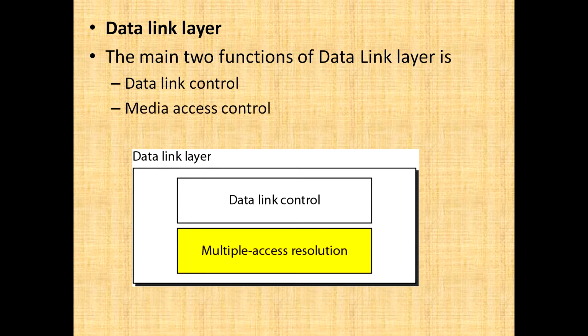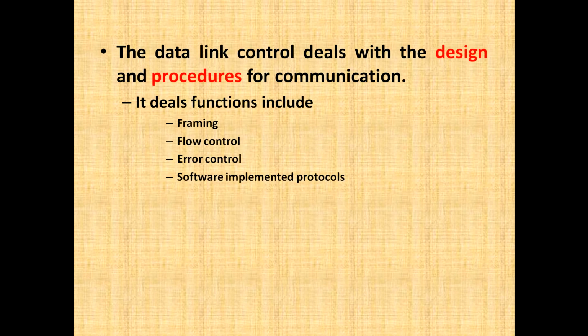The data link layer again divides into two sub layers: the first one is data link control and the second is media access control. We know the data link control, its process and functionality. The data link control deals with the design and procedures for communication.